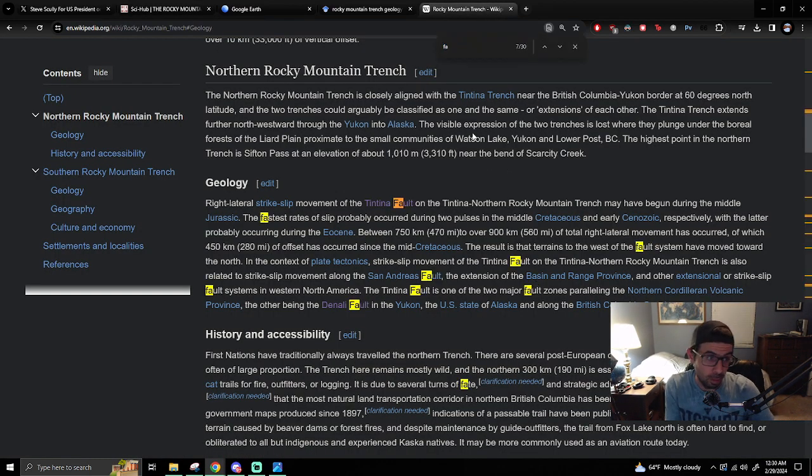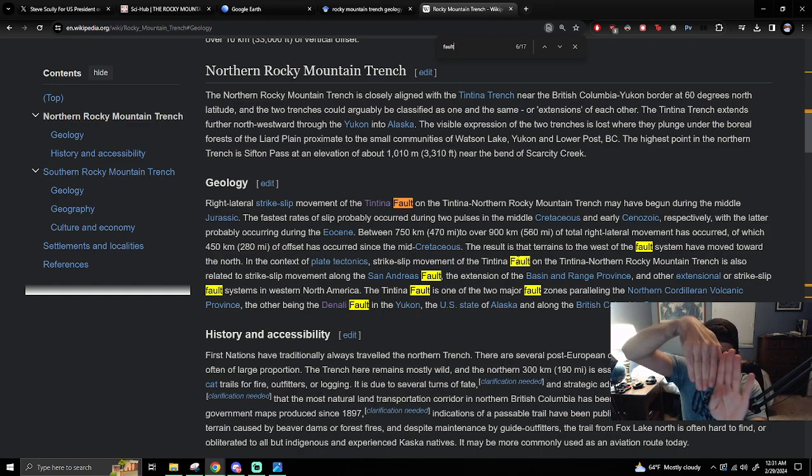So if I got fault, like fault. The result is that terrains to the west of the fault system have moved toward the north. So it's basically there's a fault there that's creating this pathway because there's motions opposite one another, or like the continents there, and then motions to the west that are creating this fault.